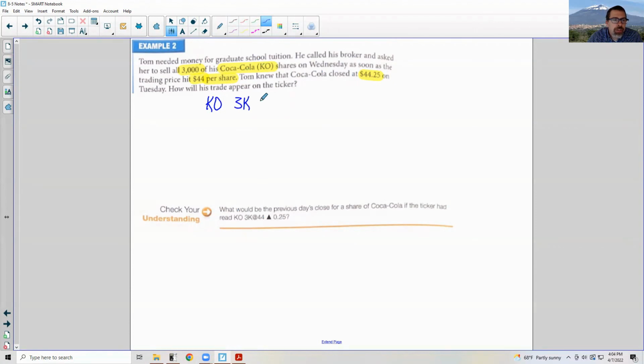And then we do at, so he wants to sell it at $44. And then what follows that is the arrow. Well, $44 per share, it closed at 44.25. This is less, so the arrow is going to point down like so, and it is going to be down a quarter. So that is example 2.